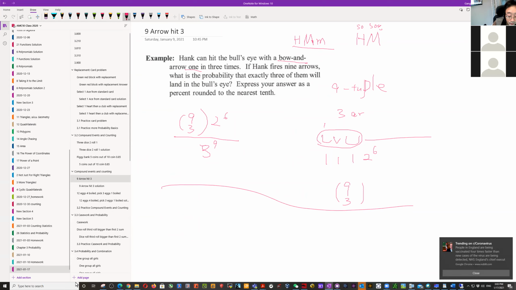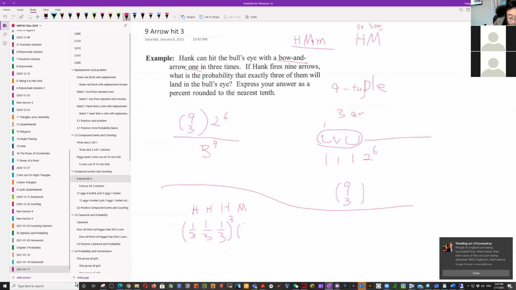The probability way is that if the first arrow is a hit, hit, hit, and then you get miss, miss, miss, the way to hit is a 1/3 chance, and 1/3 chance again, and 1/3 chance to hit again. So basically that's 1/3 cubed.